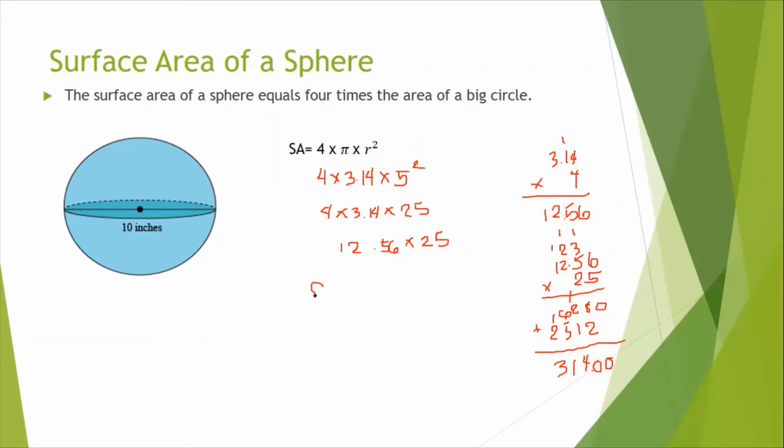So the surface area of this sphere is 314 inches squared. Okay, so just remember that the value of our pi here is 3.14. So to find the area of this sphere, the formula used is 4 times pi times r squared.